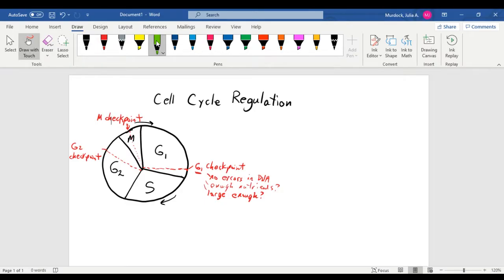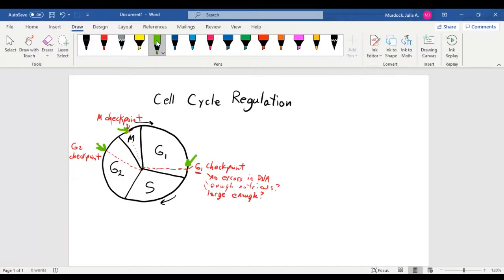There are these chemical signals that signal the cell to move forward in terms of the G1 phase to move into S, and the G2 phase to move into M. The one in the M phase is literally checking that the metaphase plate has every chromosome correctly connected to the spindle fibers before anaphase goes. So that's what that one is.